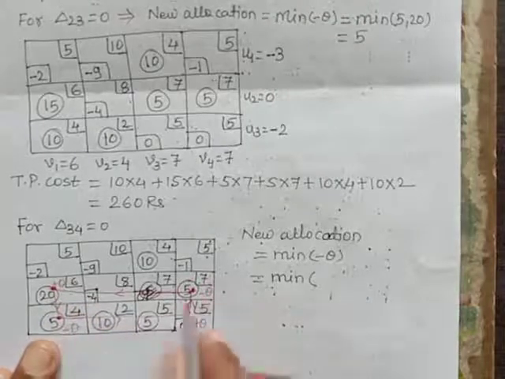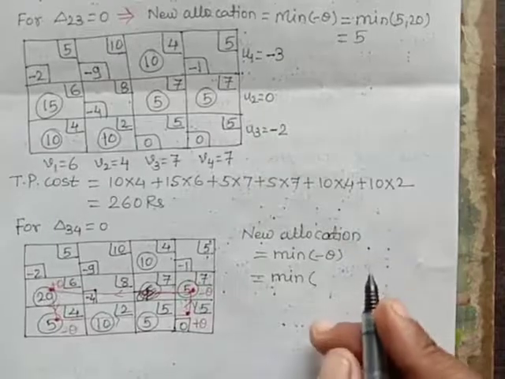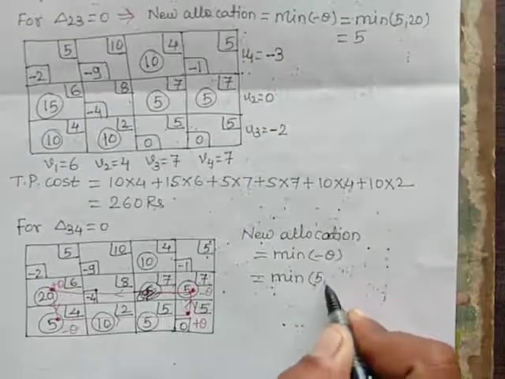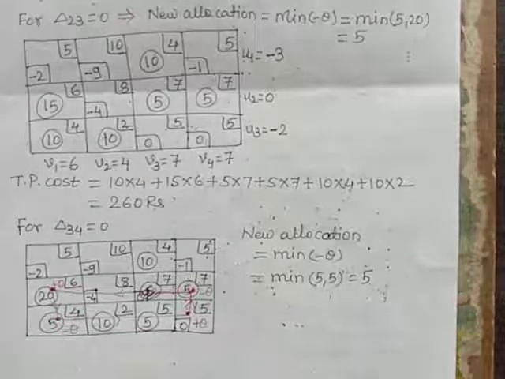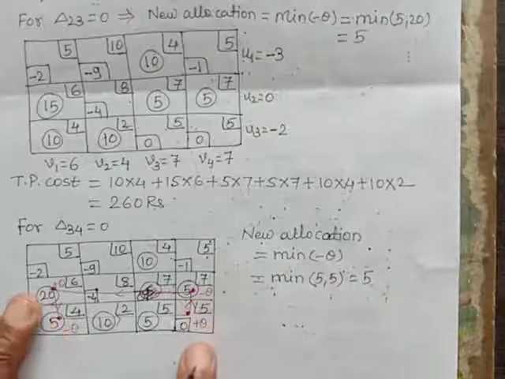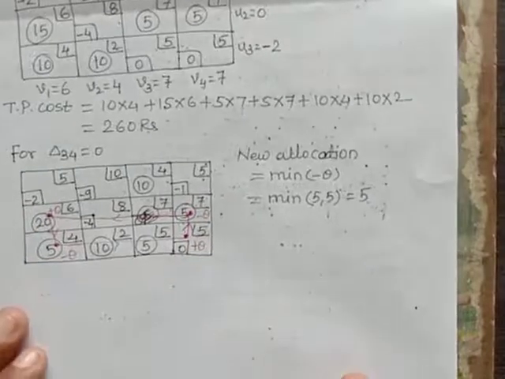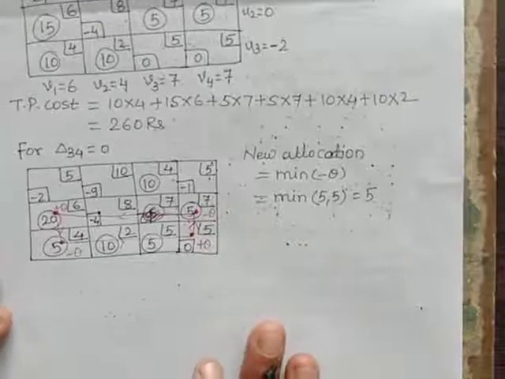So the minimum of minus theta is what? 5 comma 5, so it will be 5. Fine. So we have to add that new allocation at the plus theta position, and we will subtract it from the minus theta position. So let's form that table now.